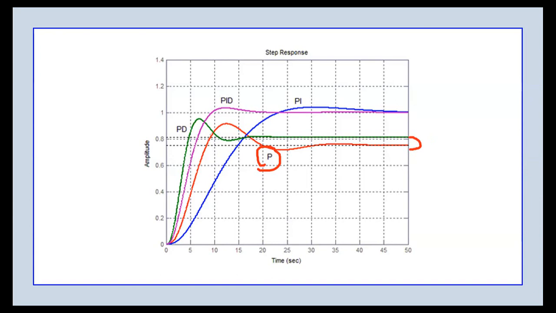The green one, proportional differential, also has some standard error. You don't go back to one. And if you have the integral, there will be no such error.